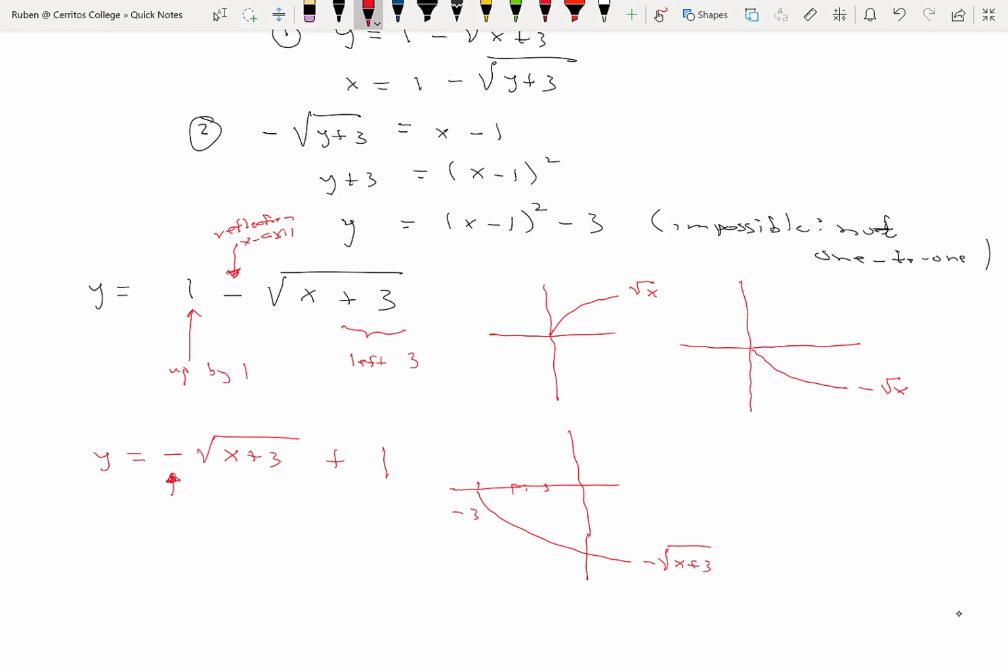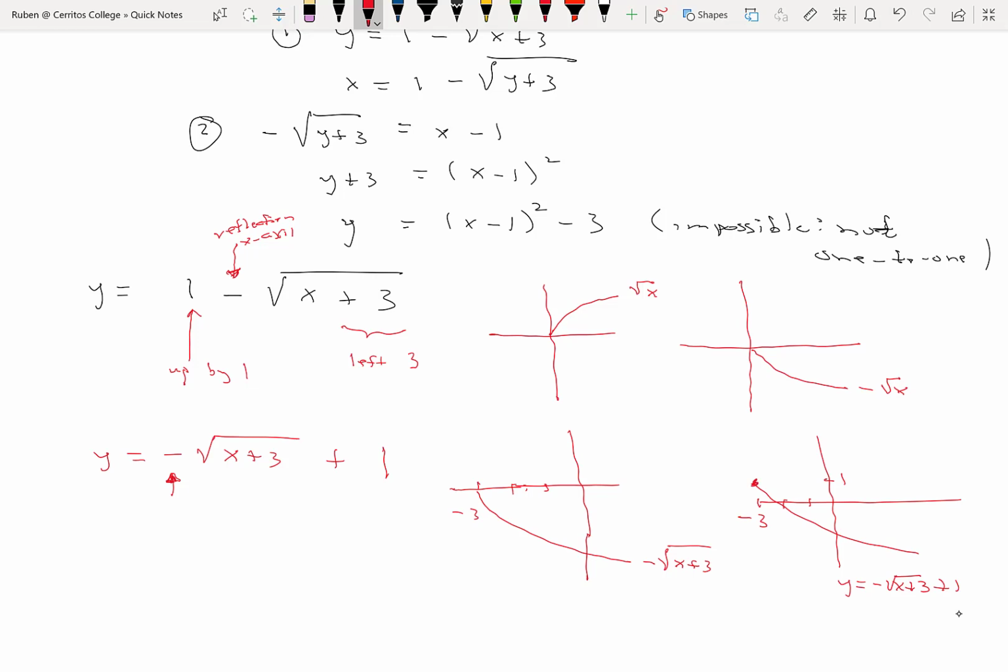If we add 1 to that, we shift the function up by 1. So the end result looks like y equals negative square root of x plus 3, plus 1. This is the graph of the original function.